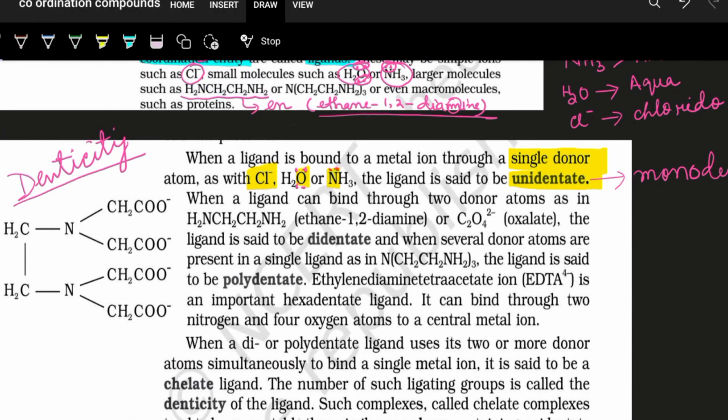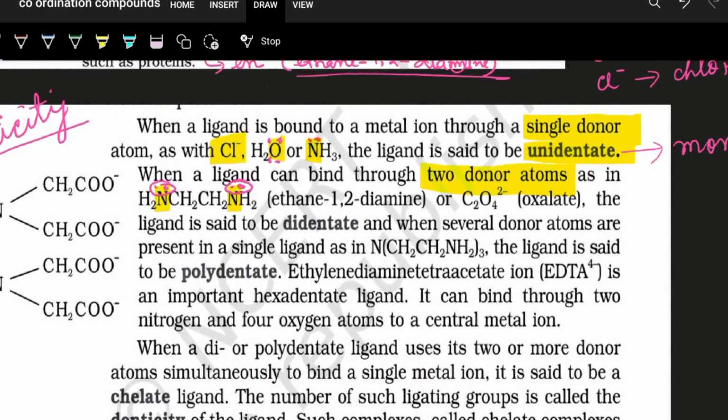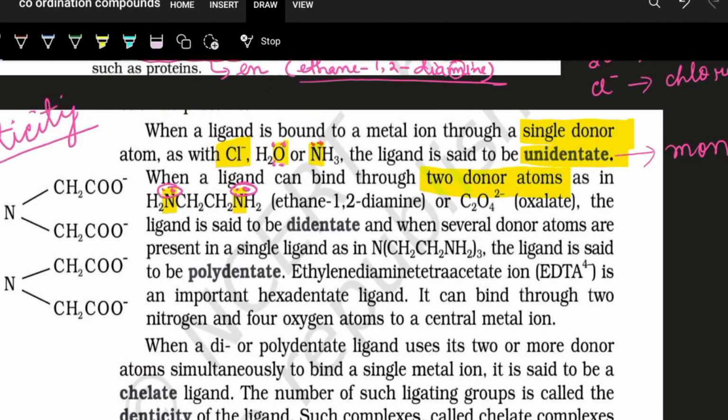Now, when a ligand is bound through two donor atoms, it has two donor sites, like over here in ethane-1,2-diamine, the 2 nitrogen, because the 2 nitrogen have lone pairs. So this is one donor and this is the other donor by which it can form coordinate bonds to the central metal atom or ion, and they are known as didentate ligand, or bidentate ligand, which has denticity 2.